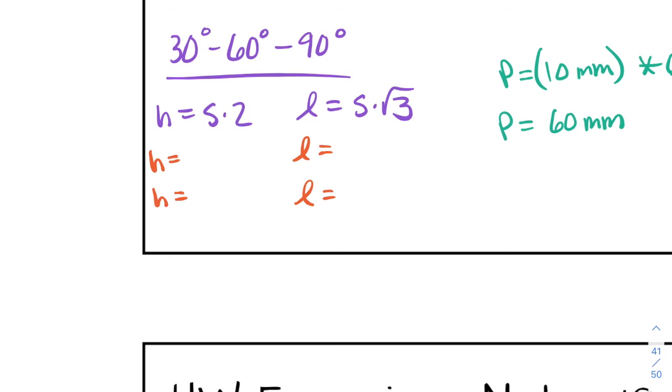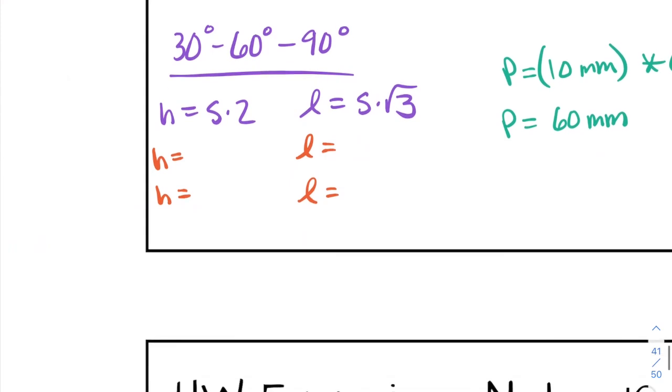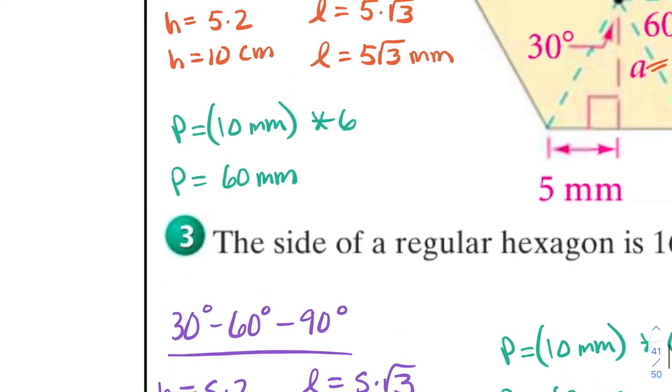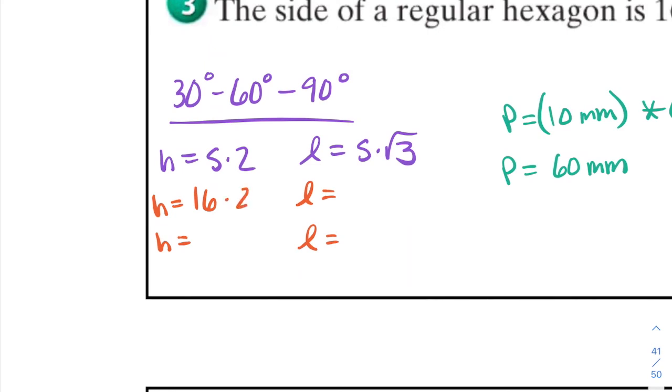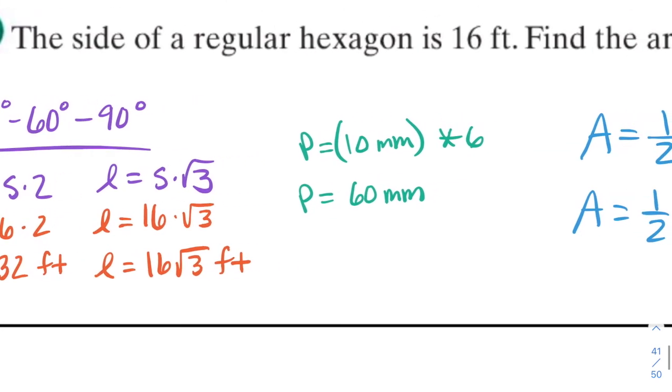Okay, so 16 feet. So 16 times 2 is 32 feet. And that makes 16 times the square root of 3, 16 square roots of 3 feet. Now the perimeter is not 10 millimeters.